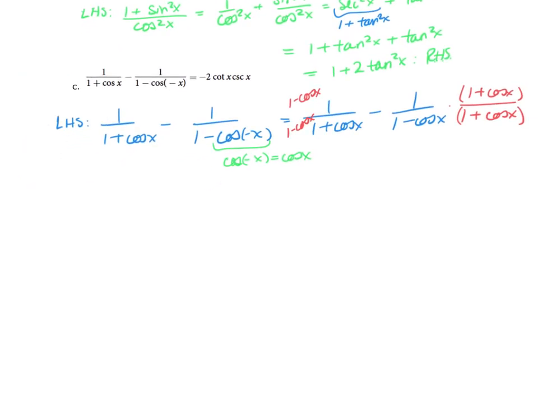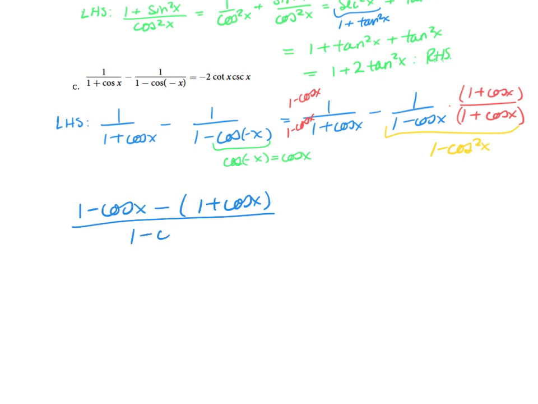So in my numerator, I'm going to get 1 minus the cosine of x minus 1 plus the cosine of x. In my denominator, I'm going to multiply 1 plus and 1 minus. Because this is the difference of squares, it will be 1 minus the cosine squared of x.